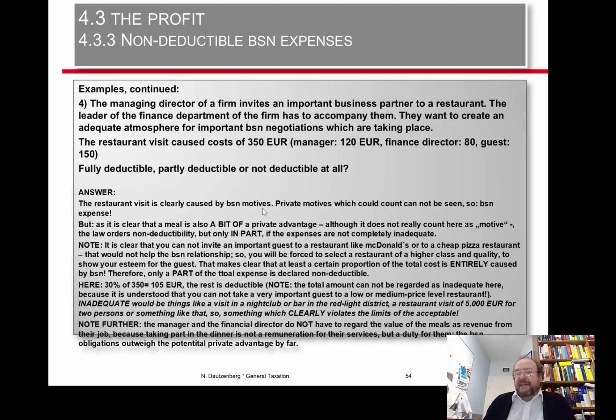So I would say this is not an inadequate amount if there are managers, is tolerable. So the 30% of the amount are only blocked, and so that would be €105. It does not matter who eats what, because you will not be able to find that out later, and in that specific situation, no problem.